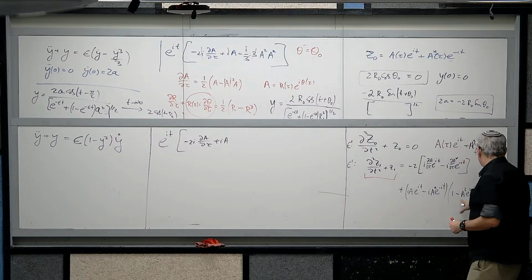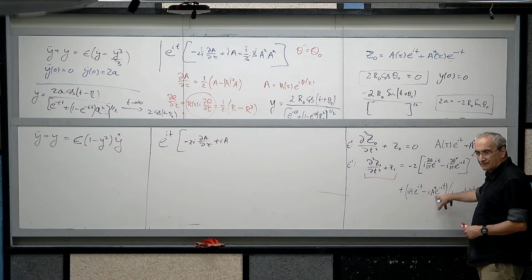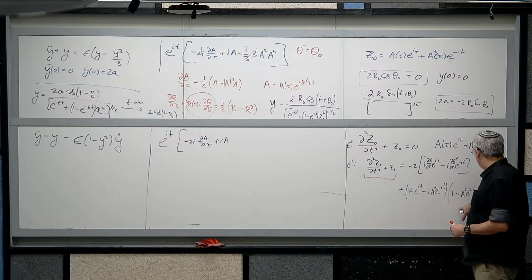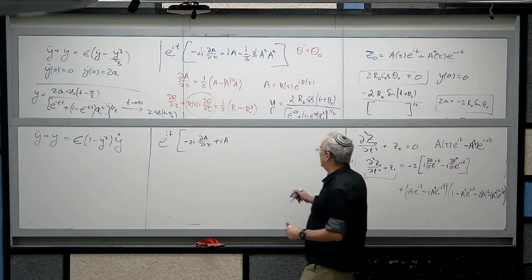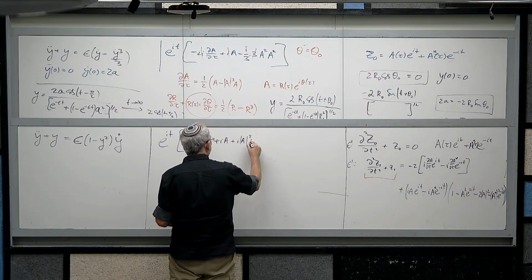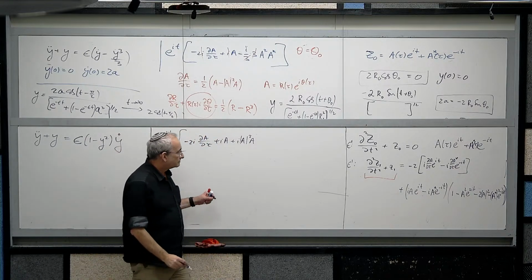Can I get some e to this times that? This times that plus i will give me plus i A squared A star.